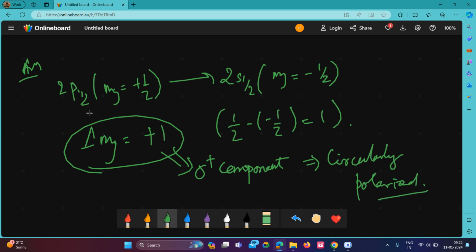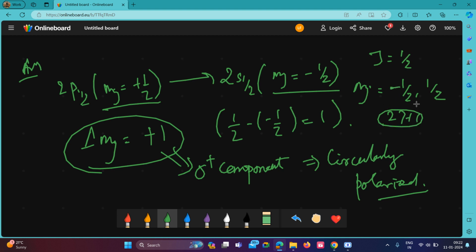The j value here is half, so mj can have two values, minus half and plus half. How to get these values? 2j plus 1 values, so two values, minus half and plus half.